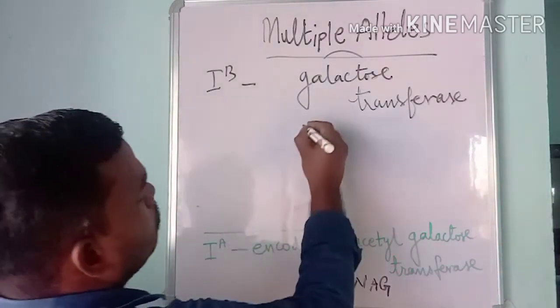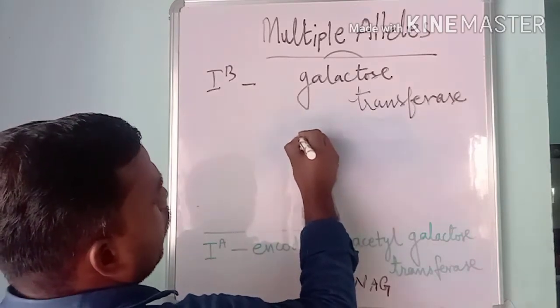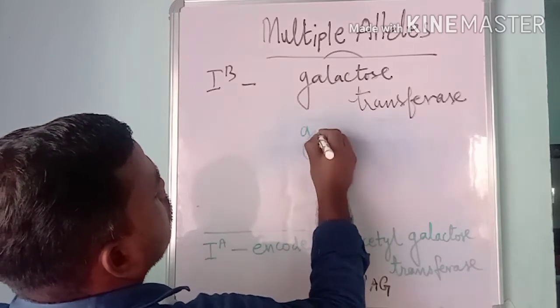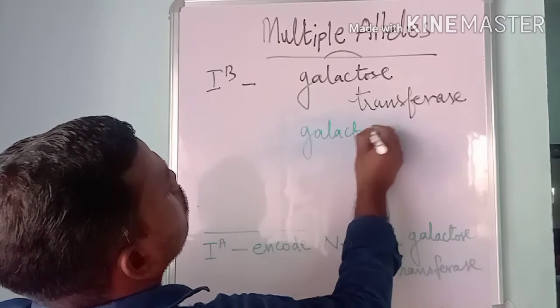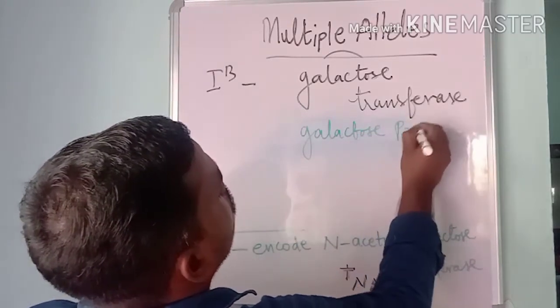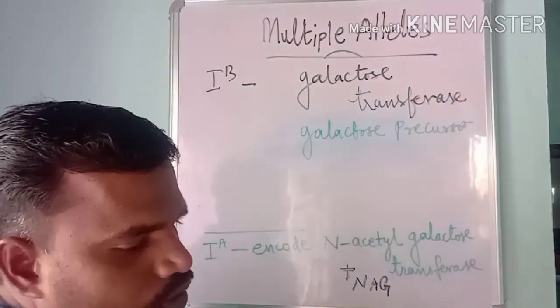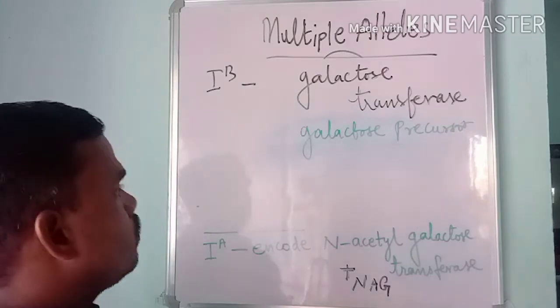What can it add? It can add galactose to the precursor. Understand?